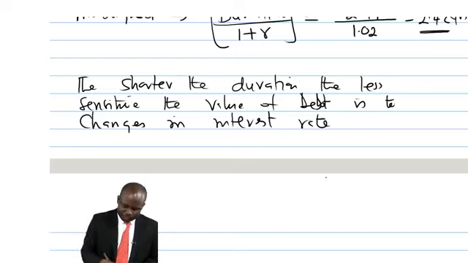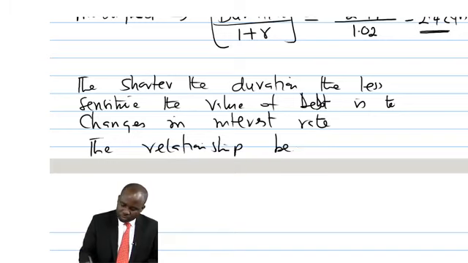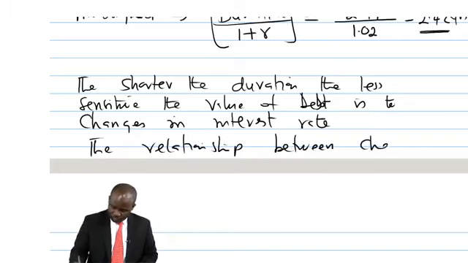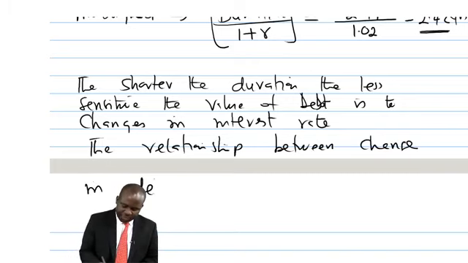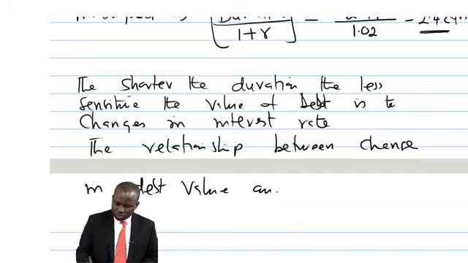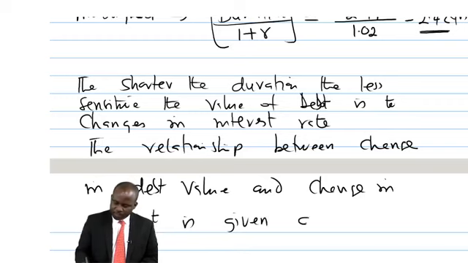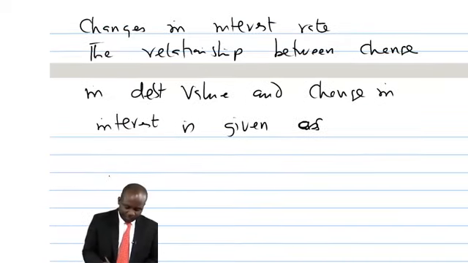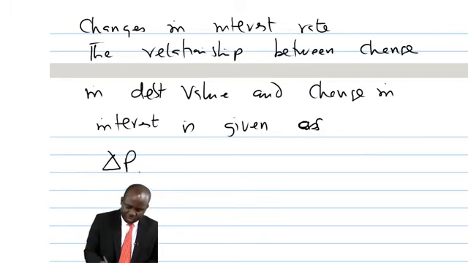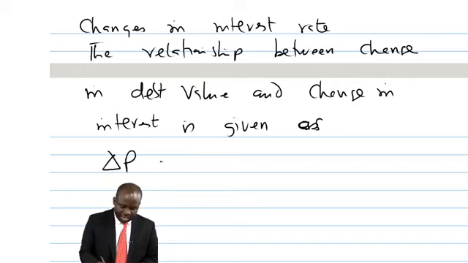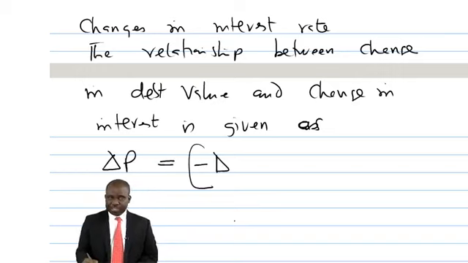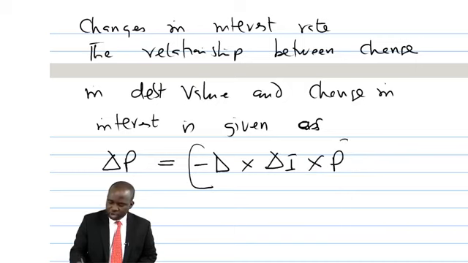The relationship between change in debt value and change in interest rate is given as: the change in the value, which is the change in price of the debt, equals minus D, which is the modified duration, multiplied by change in interest rate, multiplied by the original price.